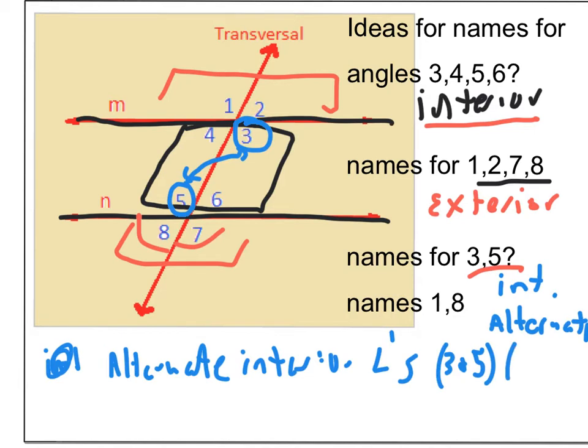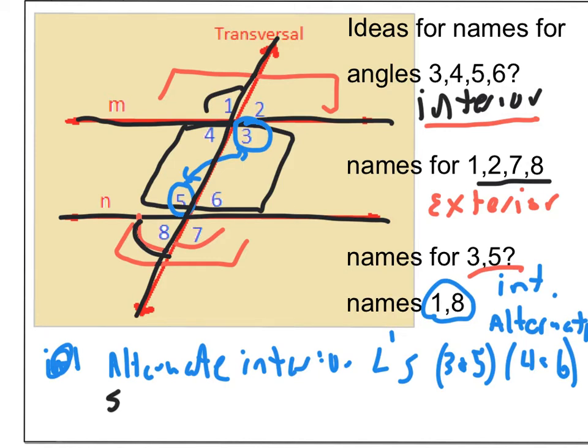You could also have angle 4 and 6. They go together too because they jump over that transversal also. Well, what about 1 and 8? Changing colors to black. Here's 1 and 8. Well, 1 and 8 seem to be on the same side of this transversal. So some books will call them same side interior angles.